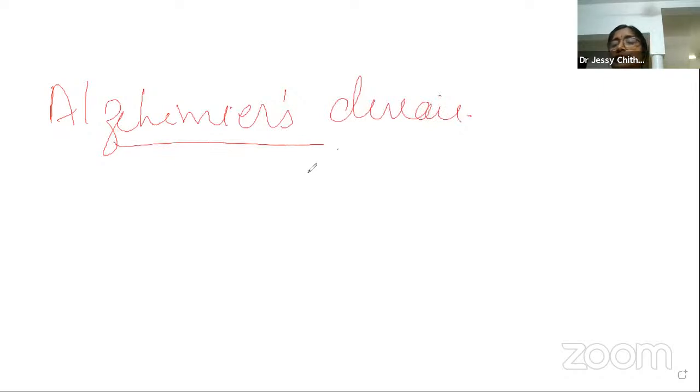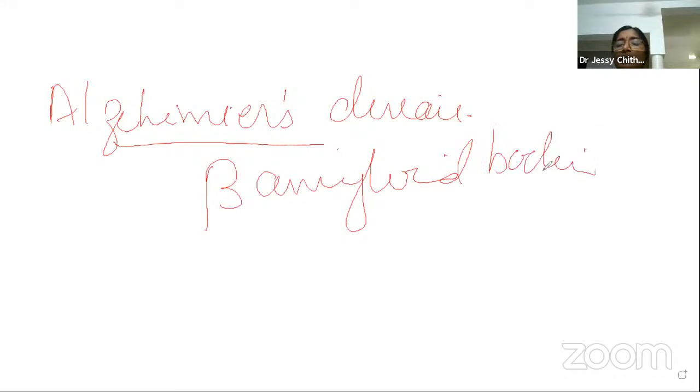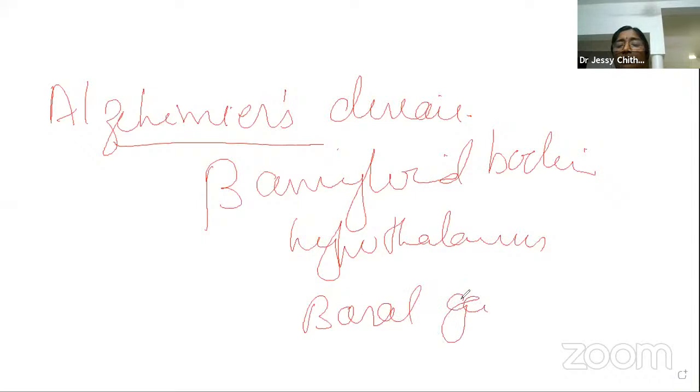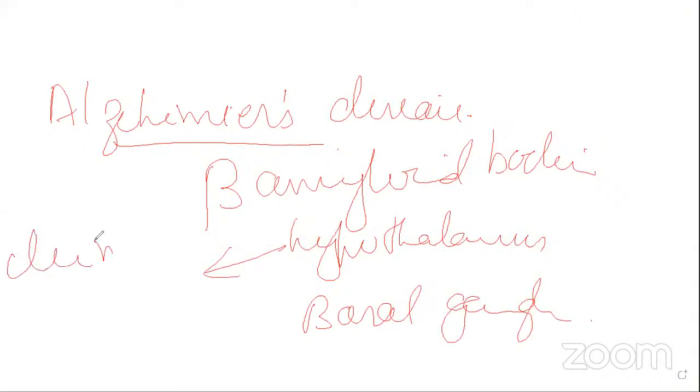Alzheimer's is due to a defect in protein folding. So what happens here? Mainly beta amyloid bodies are deposited in the hypothalamus and basal ganglia region, leading to dementia.